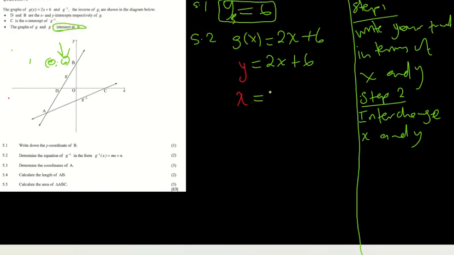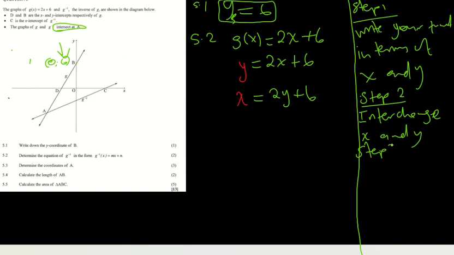Equal to 2, then in the place of x I will substitute my y, and because this side is green, I will substitute the green y. Then y plus 6. Now what is it that is left? The only thing that is left now is to make y the subject of the formula again.